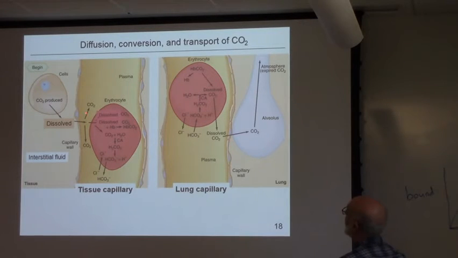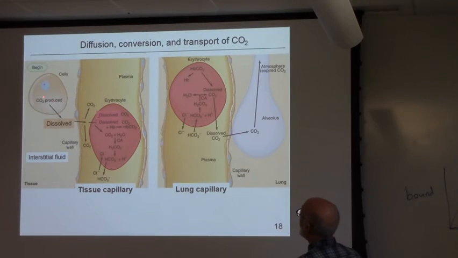And what are these arrows moving CO2 from here to here? Diffusion, right? Okay, enough diffusion. Well, no, we got some more. So CO2 diffuses from the cells that make it into the fluids, across membranes, into the blood plasma, into the red blood cell.